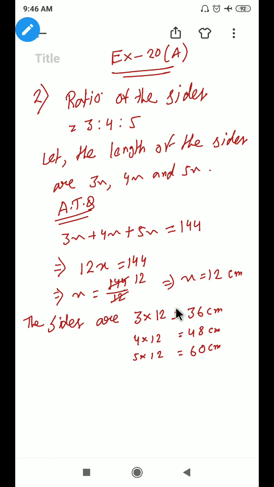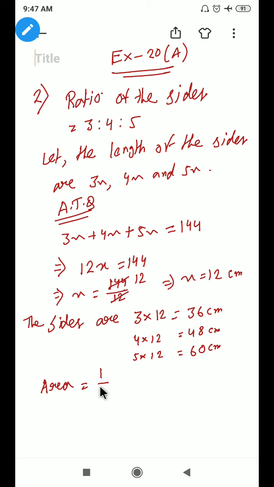Now from here you have to find the area of the triangle. Look, this is a right angle triangle. Why? Because the hypotenuse square, the bigger side, 60 square, is equal to 36 square plus 48 square. So this is a right angle triangle. In a right angle triangle you can use the formula half into base into height.